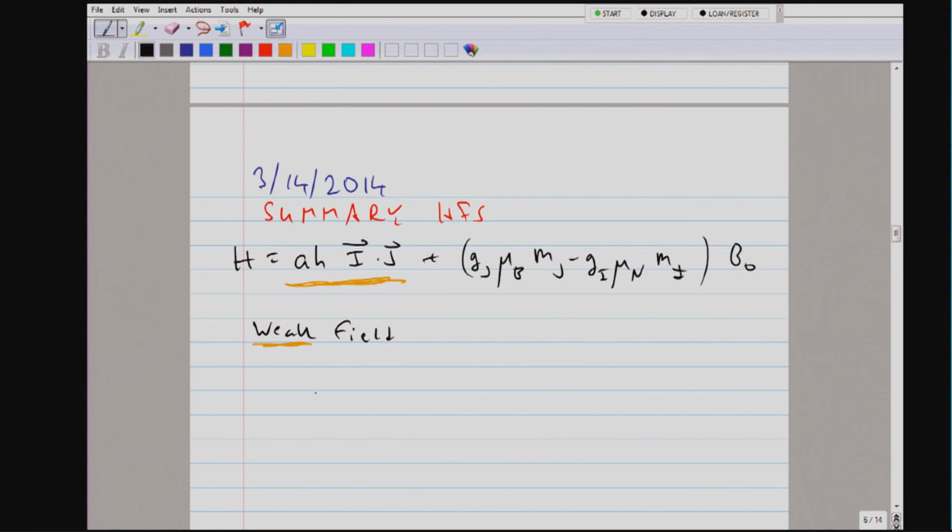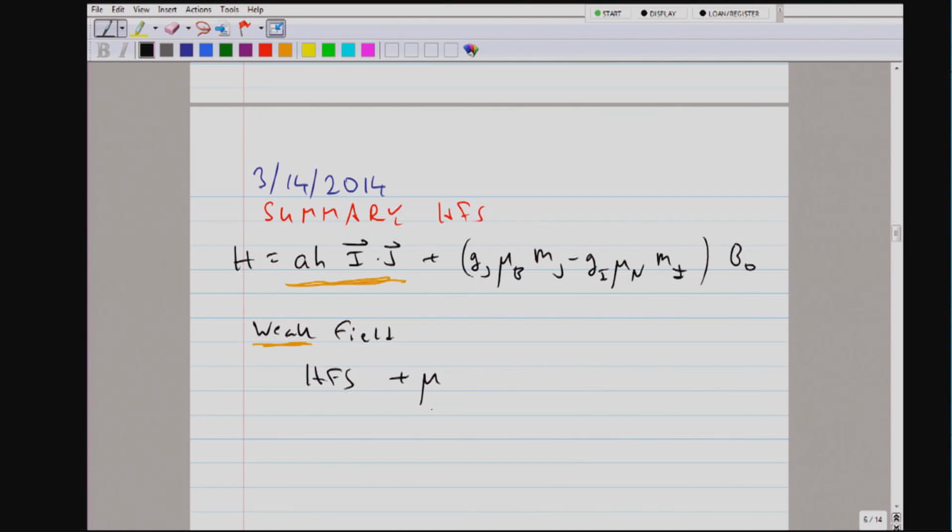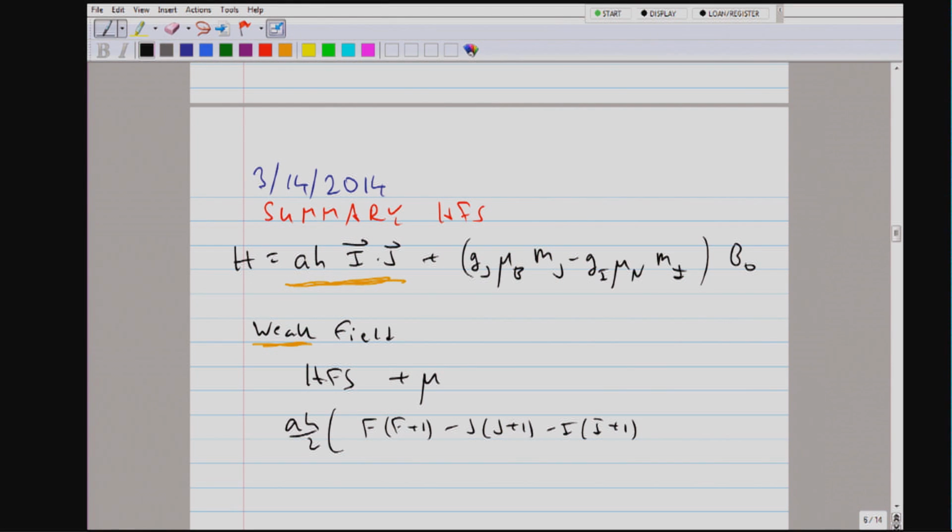So in a weak field, we first solve for the hyperfine structure, and then we use the eigenfunctions of the hyperfine structure, which have the quantum number F, where J and I have coupled to F. And then we treat the magnetic Zeeman Hamiltonian perturbatively, and that led us to the formulation of the Landé g-factor gF.